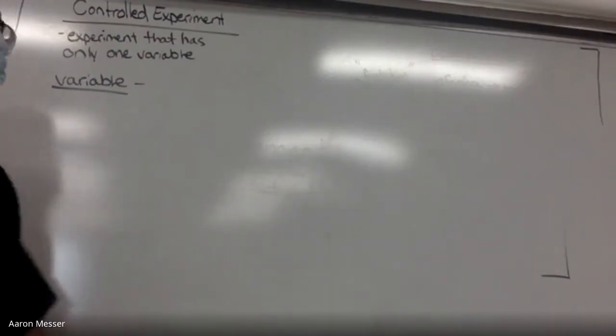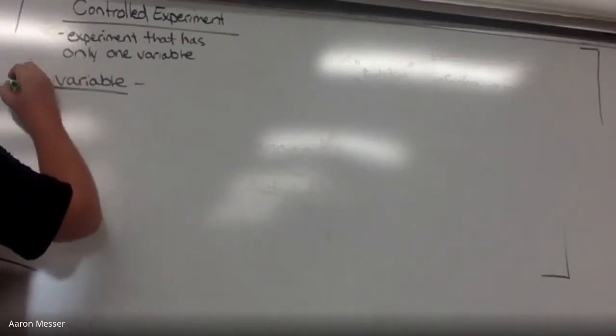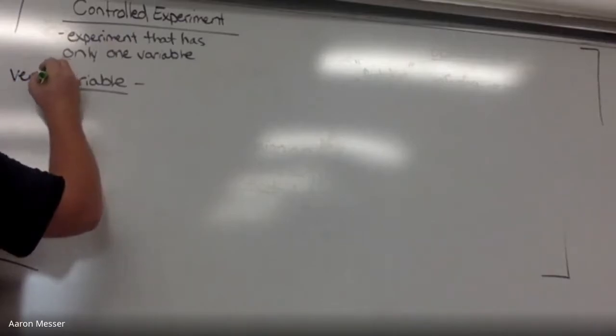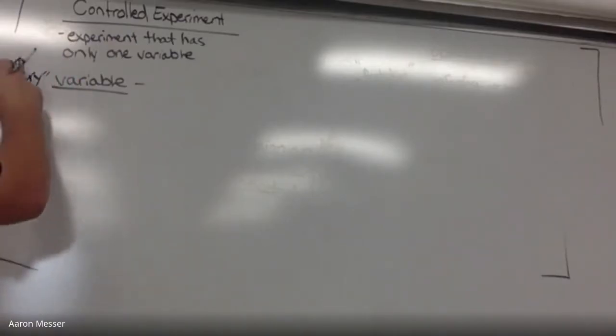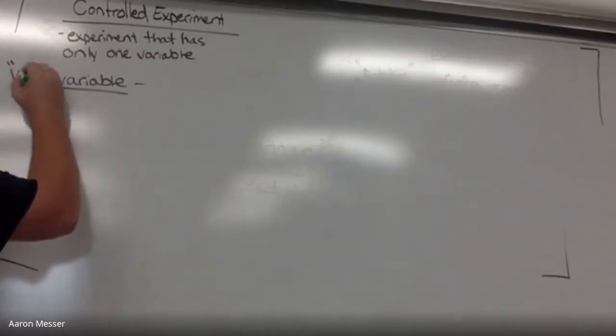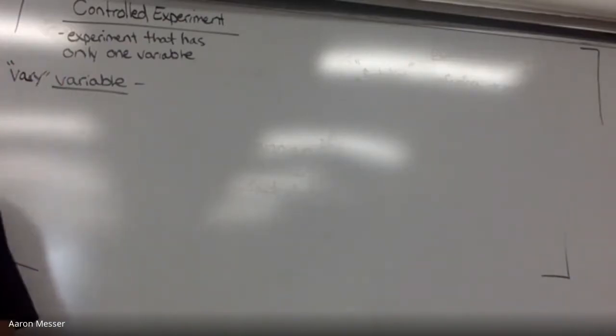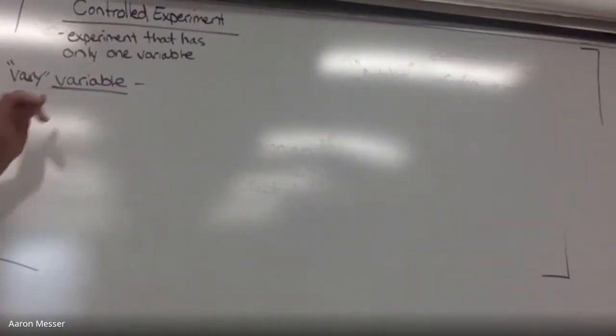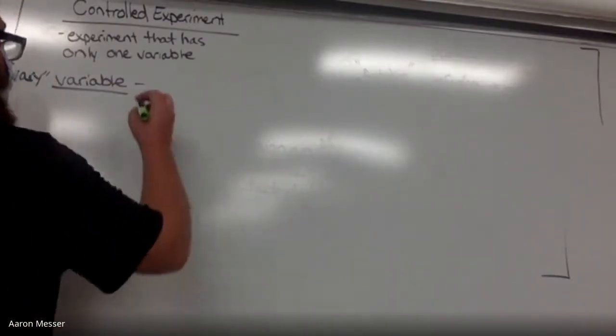A smaller word within variable would be vary. Vary, V-A-R-Y. Vary means to change. Yeah, the weather varies. The weather will change. Variable is a changing factor in an experiment.